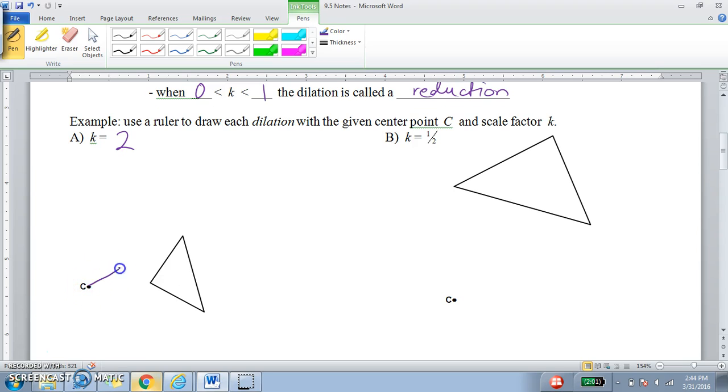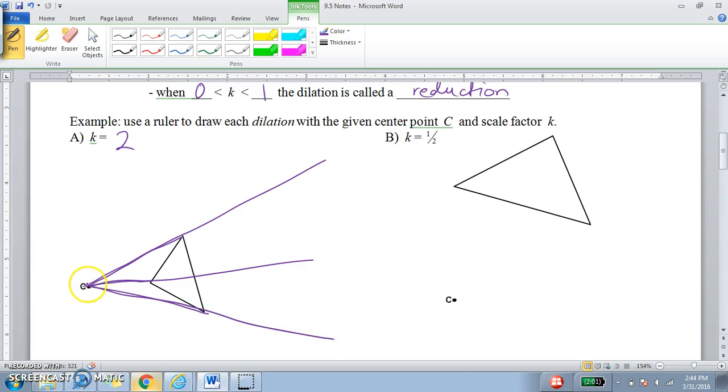So to do this with a ruler, we're going to draw a straight line from C to each of these 3 points. We're actually going to extend the line past it as well, through the point and extended. And then we're going to measure the distance between this point and this point, and then we're going to go twice as far. That'll probably be a little bit further, so about right there.